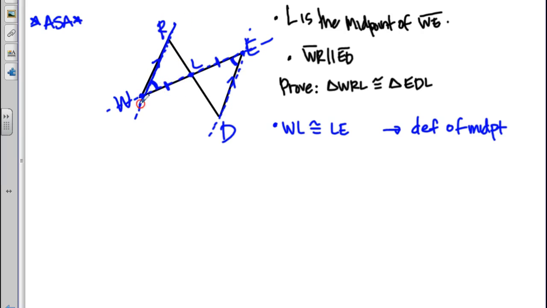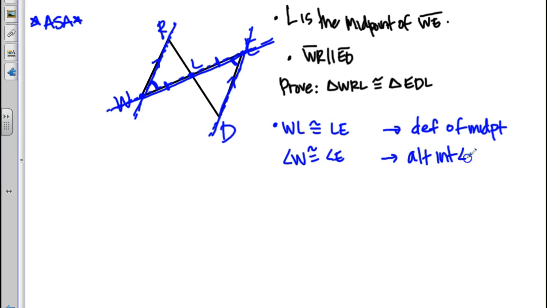Do you guys see that? There's the two parallel lines. Here's my transversal. I have alternate interior angles, don't I? Alternate interior angles, and we know alternate interior angles are congruent in measure. So angle W is congruent to angle E.